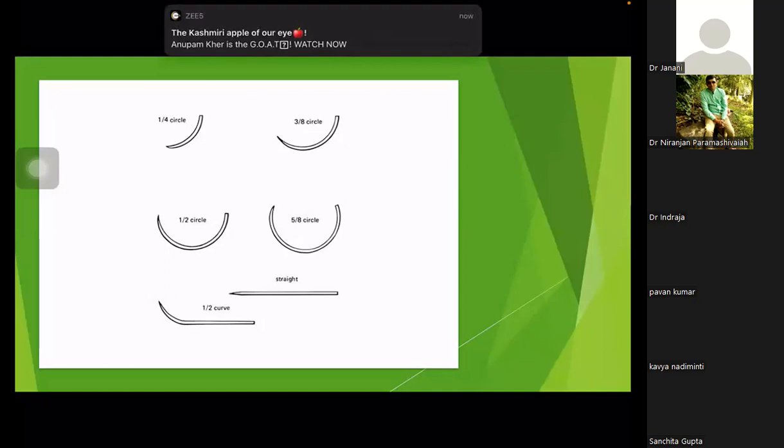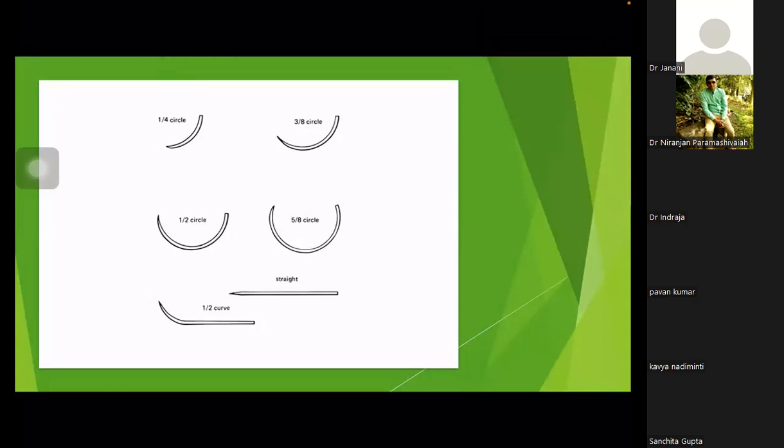Sir, where do you use these needles? Well, some of it he has told, but the rest, 1/4 circle, where do you use it? Superficial, sir, like ophthalmology surgeries.